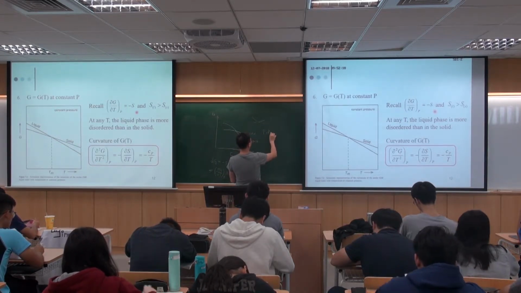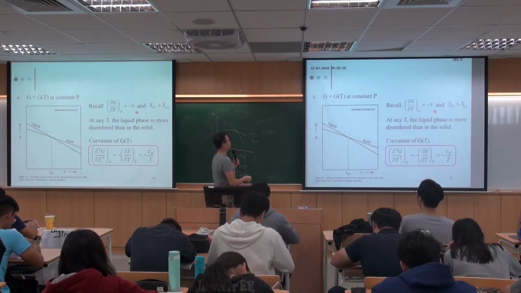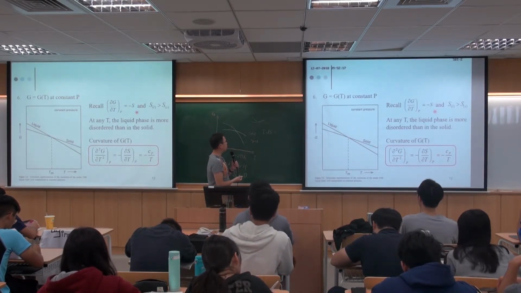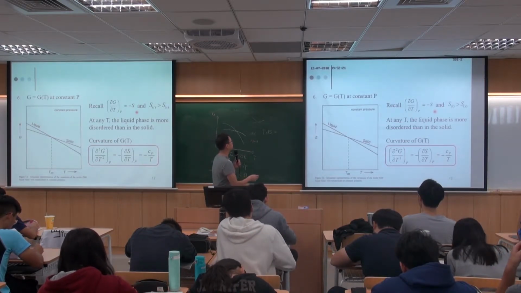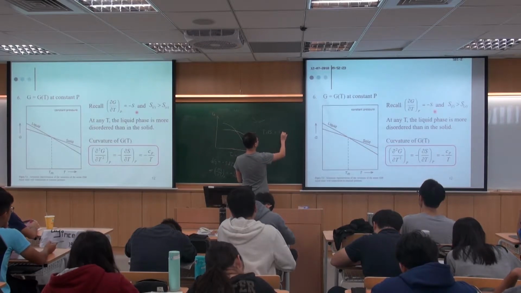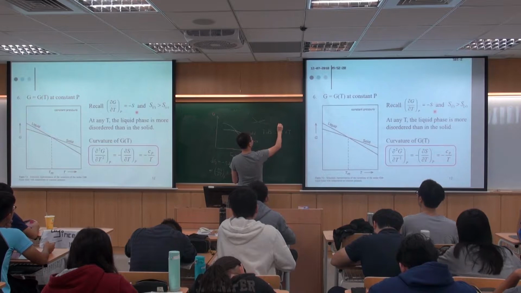If you recall the first law of thermodynamics, TdS is dU plus pdV. But in this case, if you're dealing with a constant pressure process, TdS is simply Cp dT, or you can say this is dH.